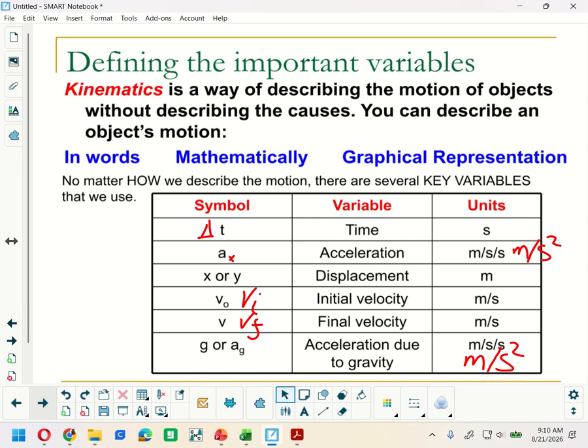Now, anyone tell me what gravity is? What do we use for gravity? What's the numerical value? No one?